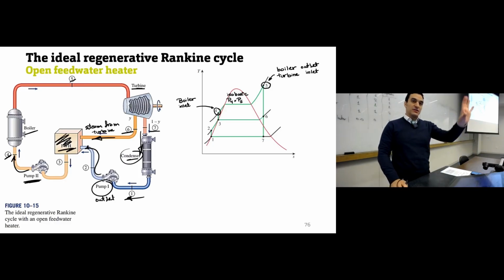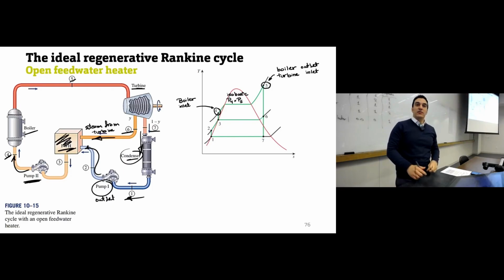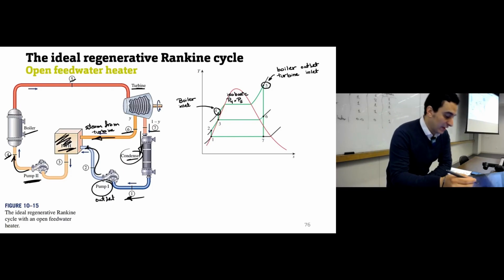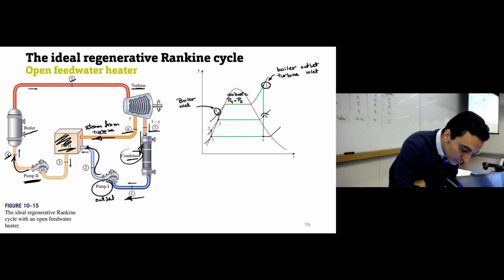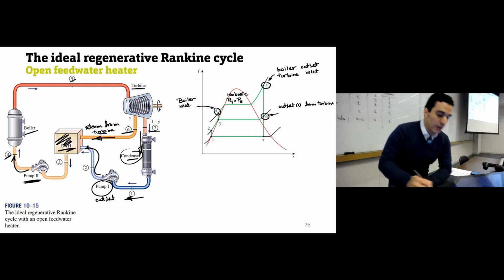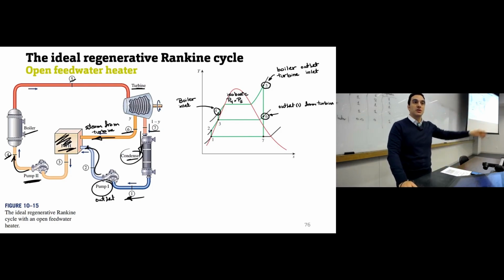Then at point 5, this will go to the turbine, and part of this will exit as point number 6. So this is point number 6, outlet 1 from turbine, and this one will go to the open feed water heater.